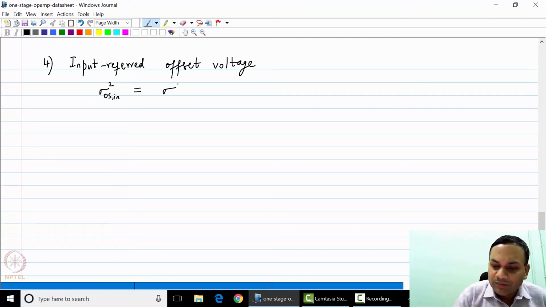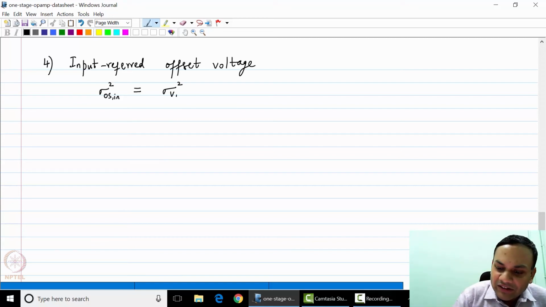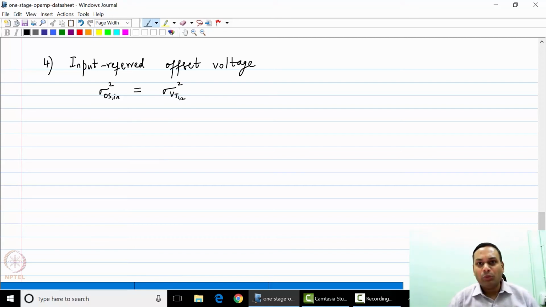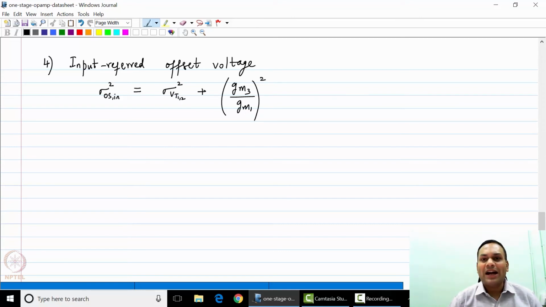The first portion is the offset voltage of the input differential pair M1 and M2 that appears directly at the input, and a second portion which is scaled by GM3 over GM1 squared.